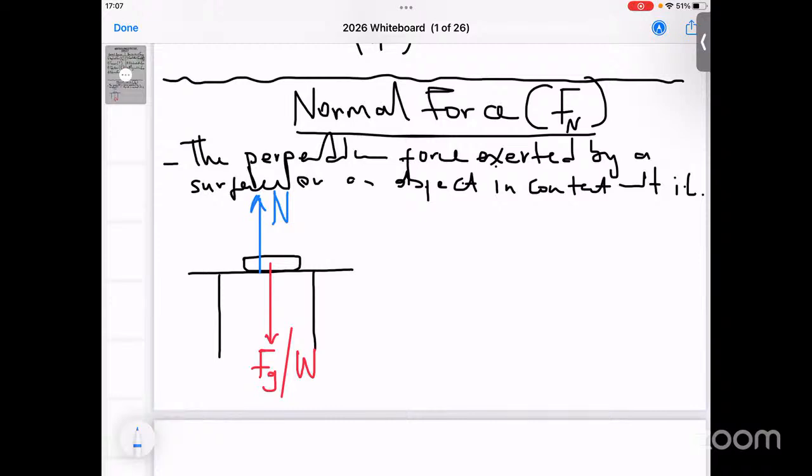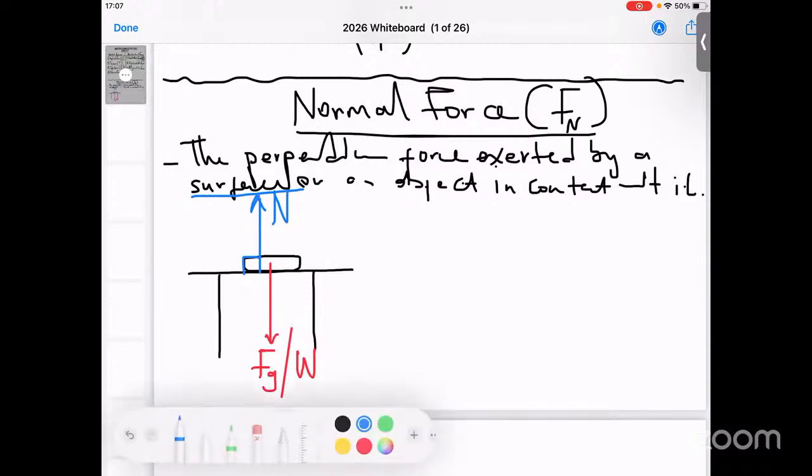We say perpendicular force because it forms a 90-degree angle with the surface. That is very, very important. That's why we refer to it as the perpendicular force exerted by the surface on an object in contact with it. So I hope that part makes sense.